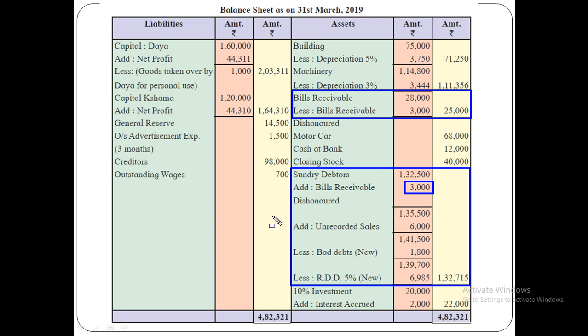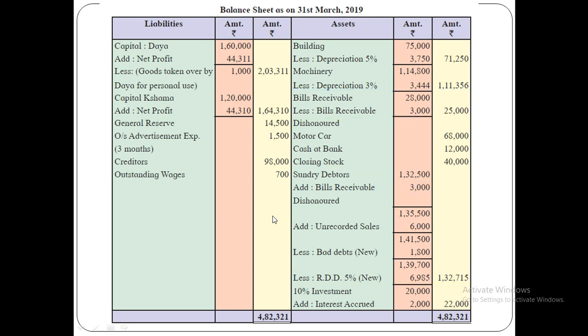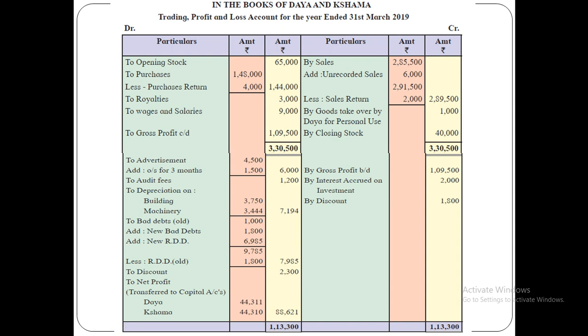Next item we have is bad debts. Bad debts is an item of profit and loss account. But here we have to make sure of old bad debts, new RDD, and deduct old RDD from that.